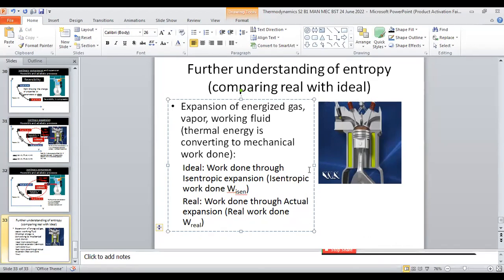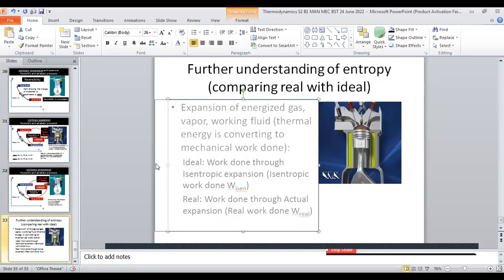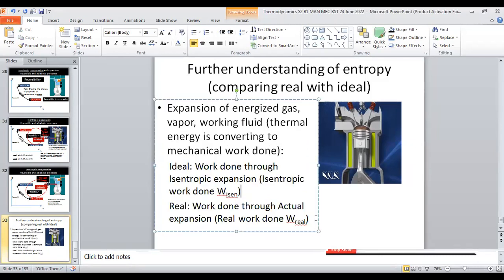So in expansion, W ideal or isentropic is more. W real is less.